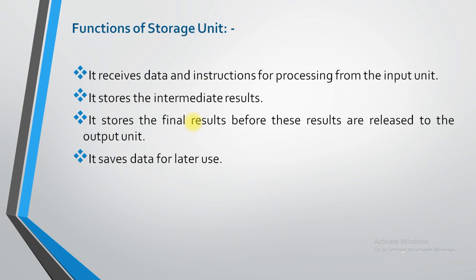Generally, storage unit performs 4 basic operations. Number 1, it receives data and instructions from the input unit. It produces intermediate results, it produces final results, and it saves the data for later use when there is a requirement, right? So this is all about our today's session.